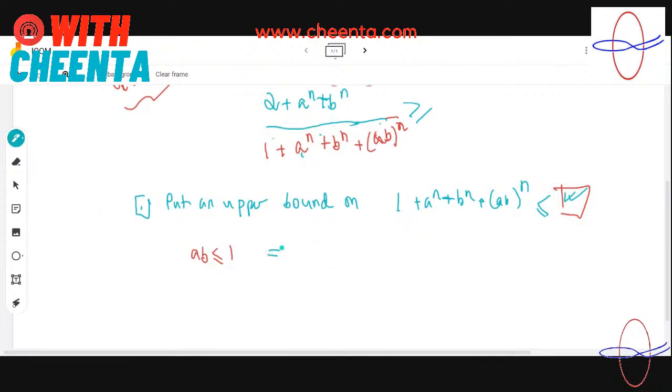It's saying that if you use this, you can get (1 + a^n + b^n + ab)^n is less than or equal to (2 + a^n + b^n). Can all of you get this? Why is this true?